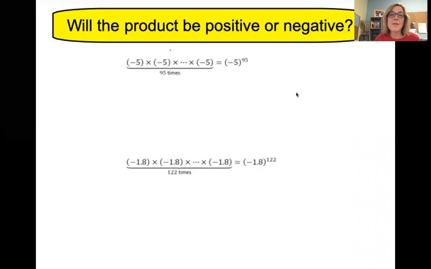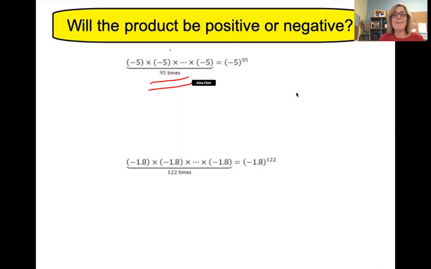So here we go with two additional problems. The question is, will the product be positive or negative? So if we have -5 that we're going to multiply by itself 95 times, this is how you would write it in exponential form. This is how you would write it in expanded form. 95 is an odd number of factors.